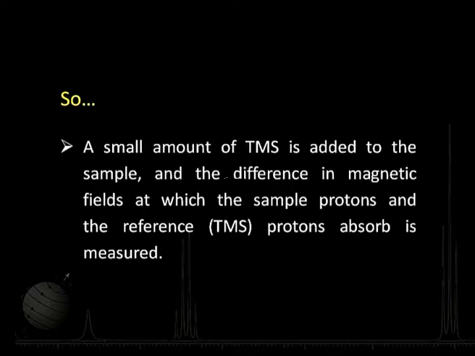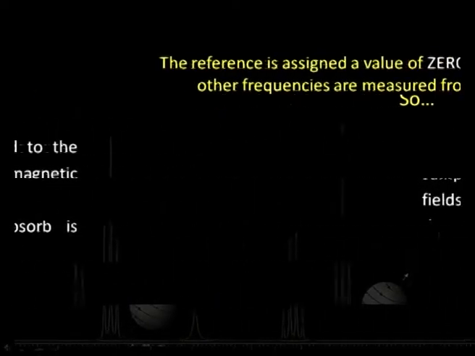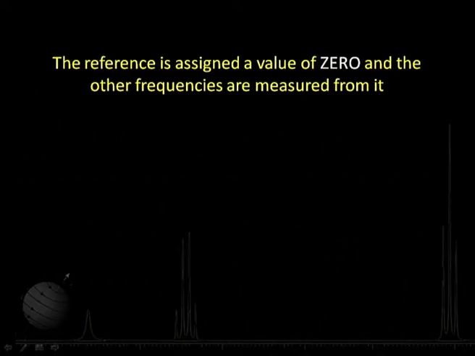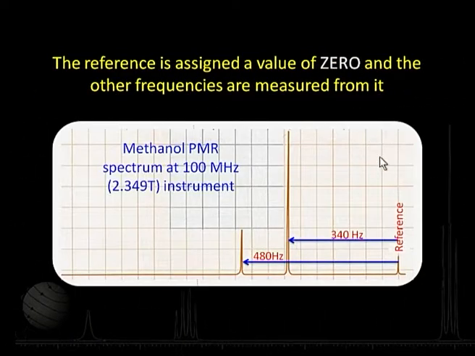So, we take a small amount of TMS, add it to the sample, and measure the difference in magnetic fields at which the sample protons and the reference, that is TMS, absorb. What we get is something of this kind: the signal where our TMS comes, the reference, is assigned a value of 0.